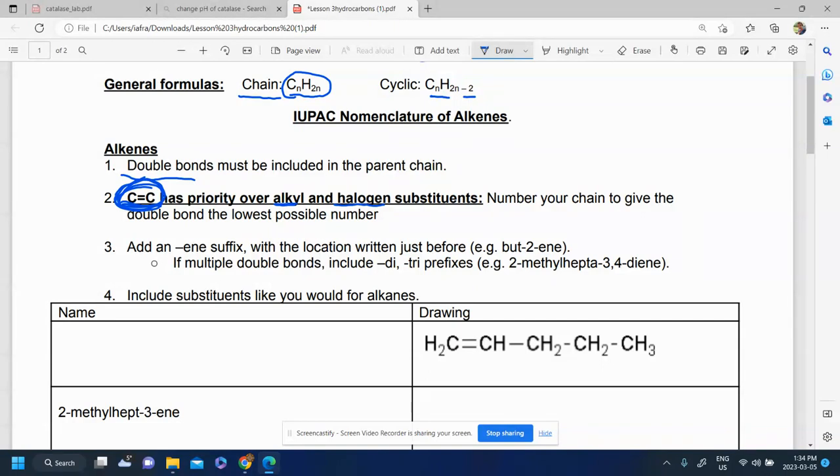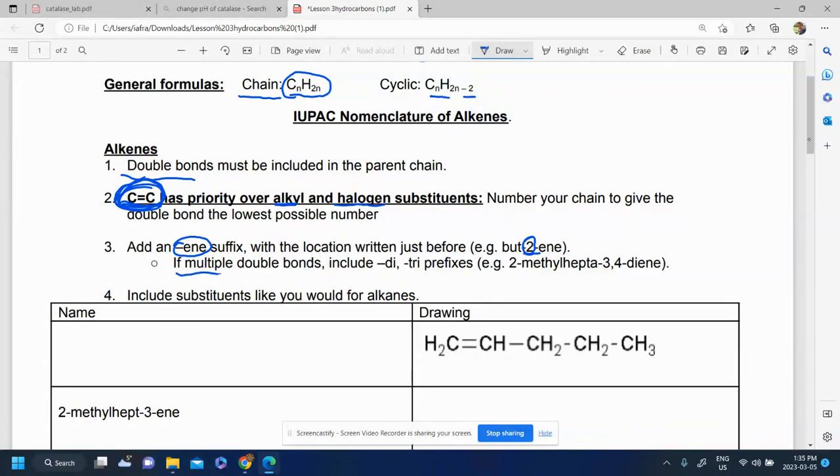The other thing that changes when you're naming your alkene-based hydrocarbon is that you have to change the ending. The ending will be ENE, and you also have to indicate the position of your double bond, because the double bond may not be at carbon number 1. It could be at carbon number 2, 3, 4, or 5. It doesn't really matter. So in the middle, you put the number to indicate where your double bond is.